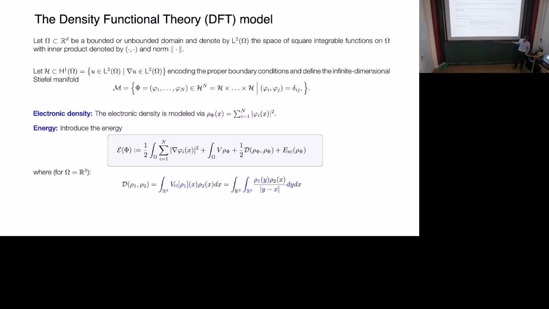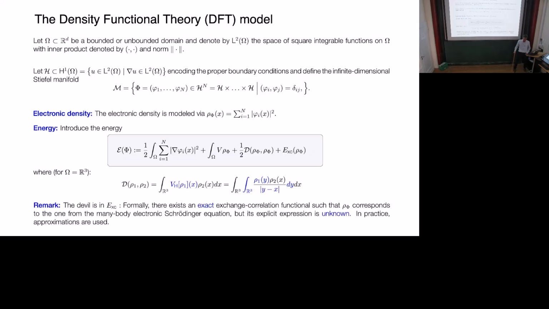And then here, this is the critical term. The devil is in this exchange correlation functional. Formally, there exists an exact exchange correlation functional such that if I minimize this energy, then the corresponding ρ that I find corresponds to the one if I minimize the Schrödinger equation.